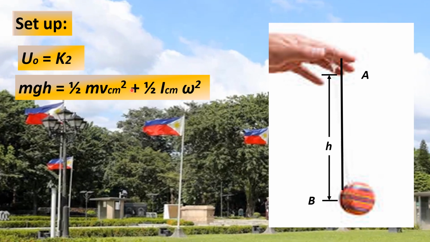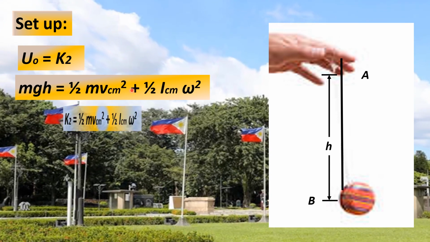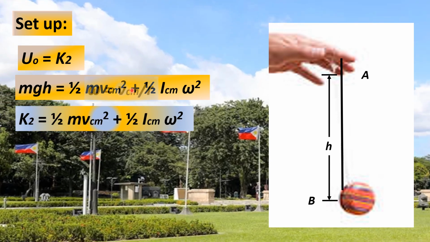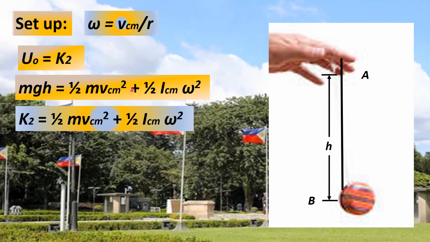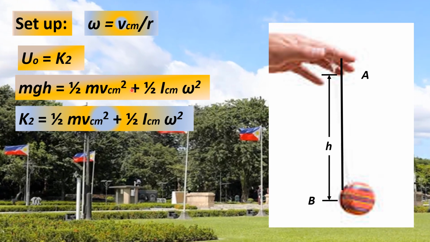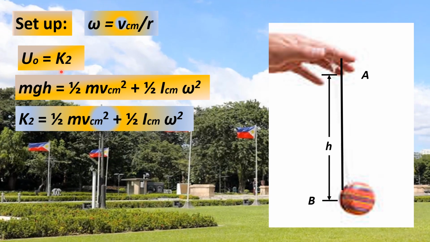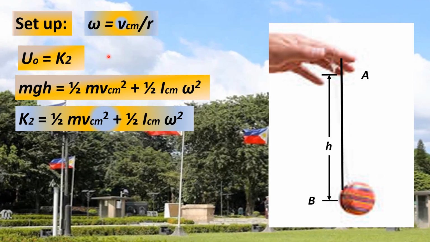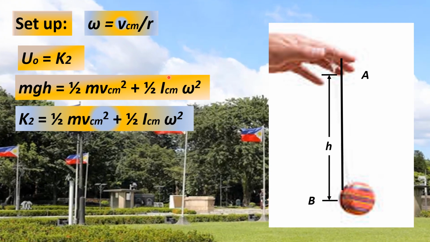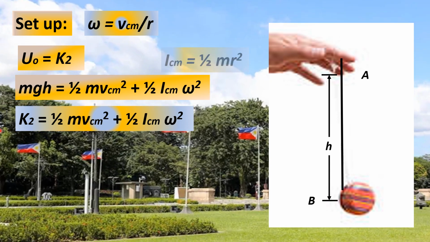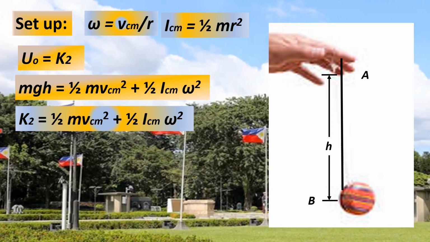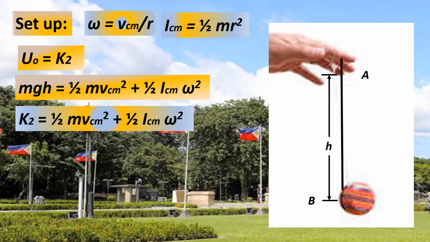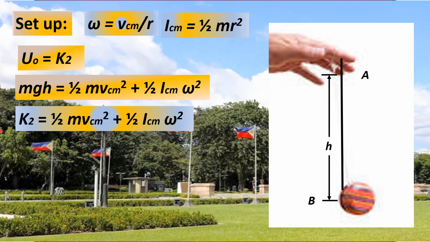And earlier we said that the angular speed, omega, is just related to the translational speed, v sub cm. That is, omega is equal to v sub cm divided by the radius r. Likewise, the moment of inertia of a solid cylinder, I of cm, is just equal to 1/2 times the mass and the square of its radius.